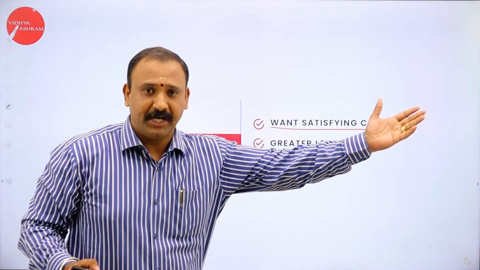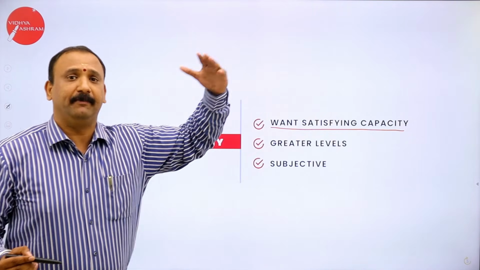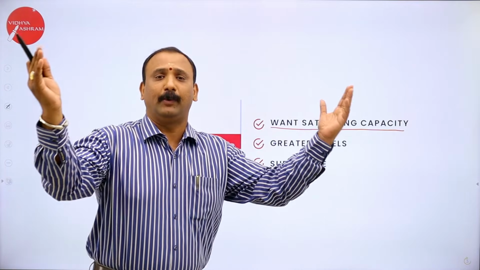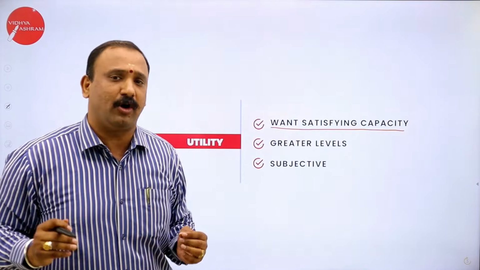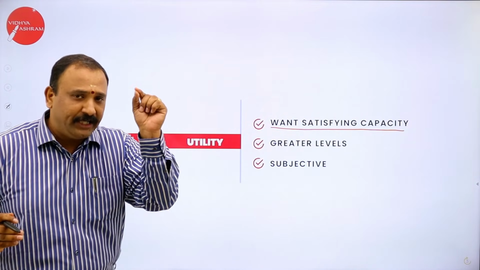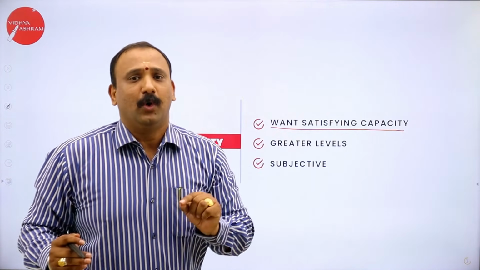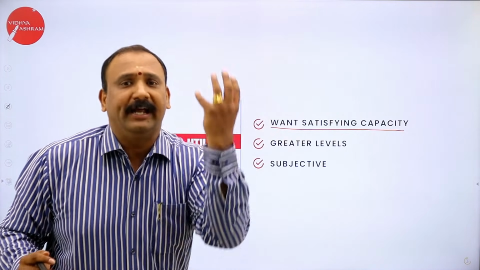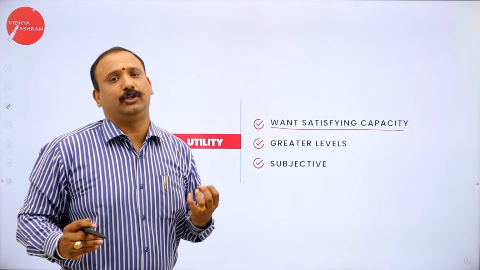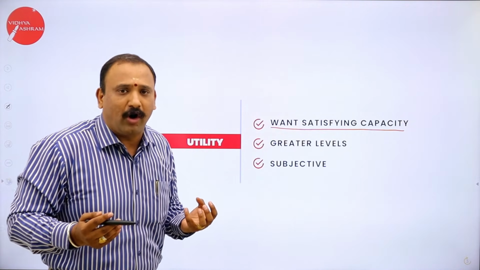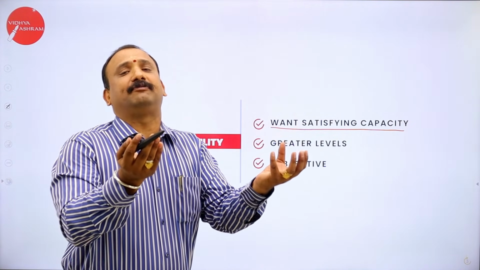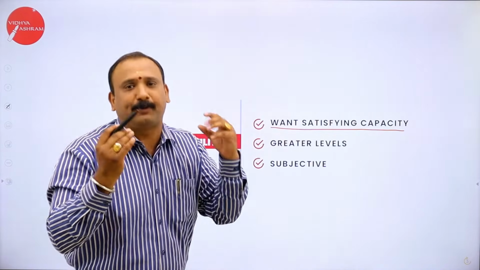He might be rich, he might be poor, he might be medium, or he might belong to any section or any class of society. But when he goes in to apply a particular value, a particular factor altogether, there is something called the want satisfying capacity. What is that product?